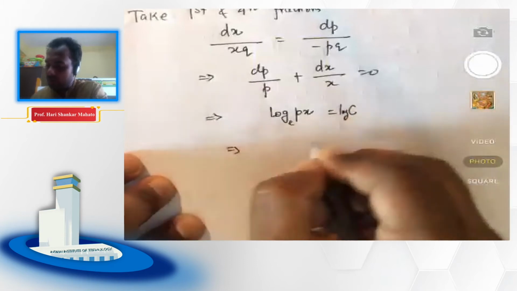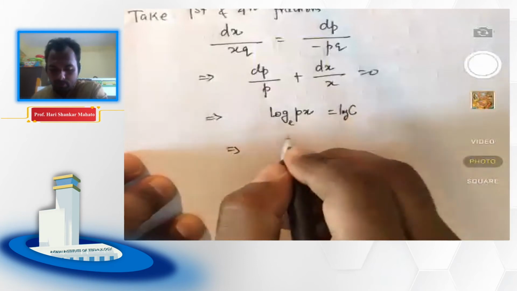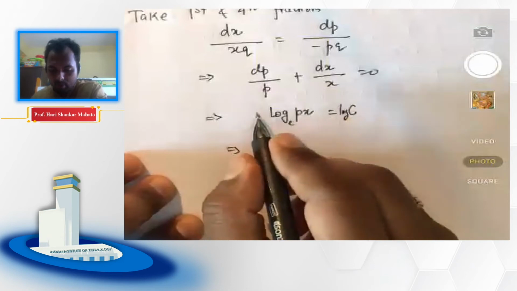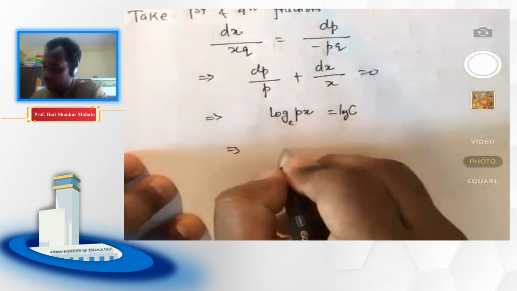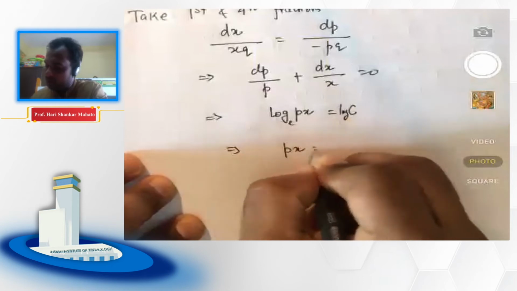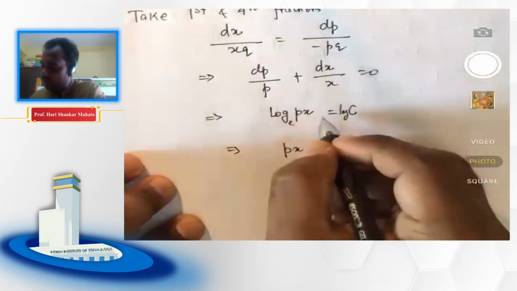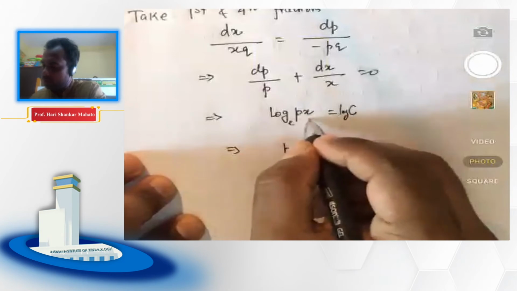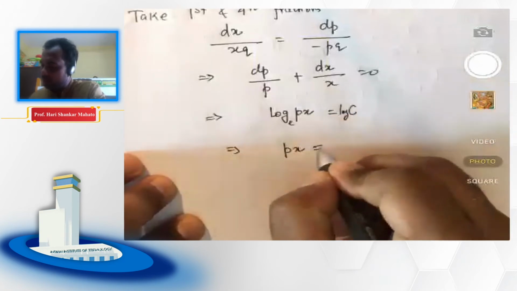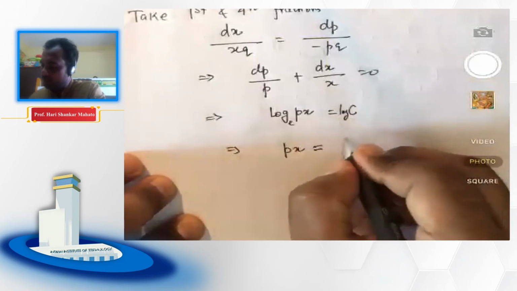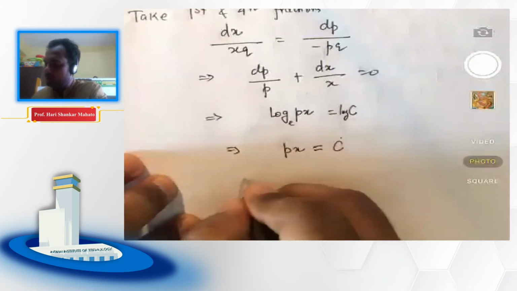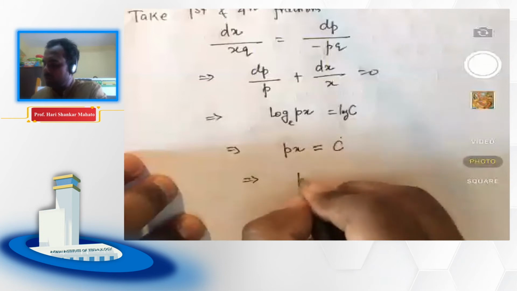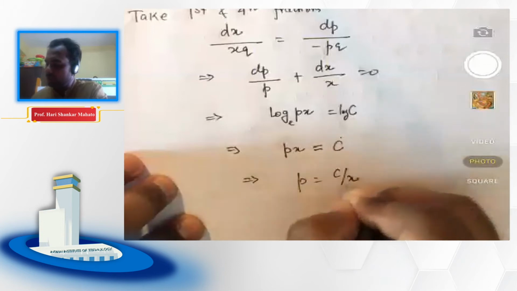And therefore, we will get log of p plus log of x, so log of px, and this will give you log of c. So simply c, and therefore we will get p equals to c by x.